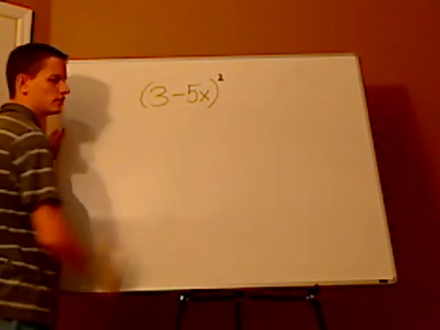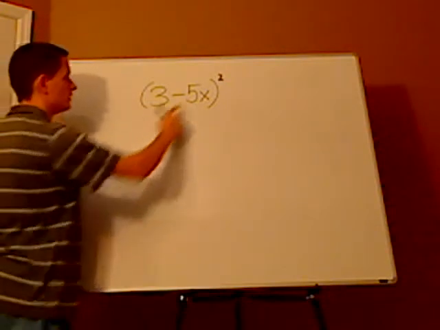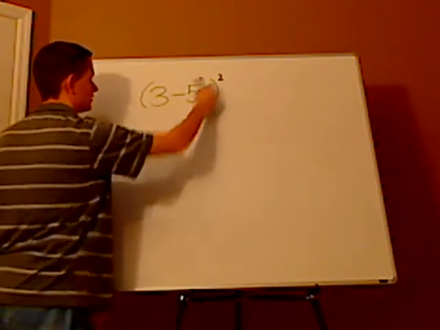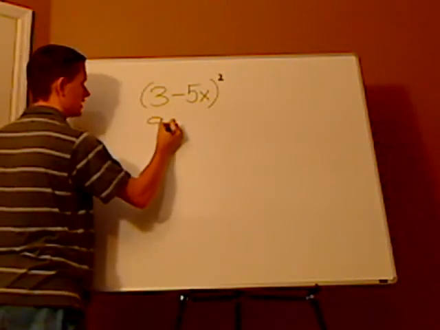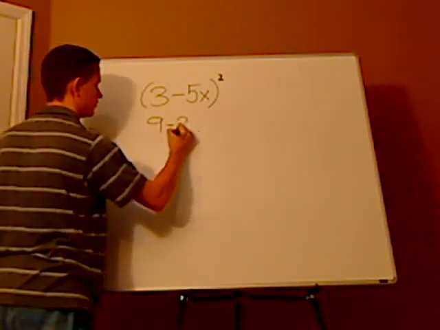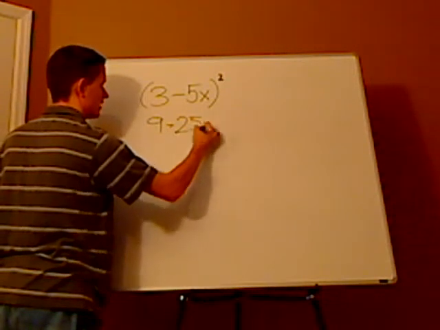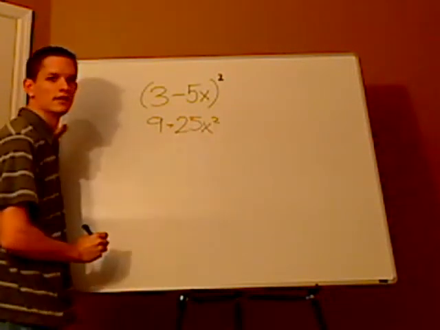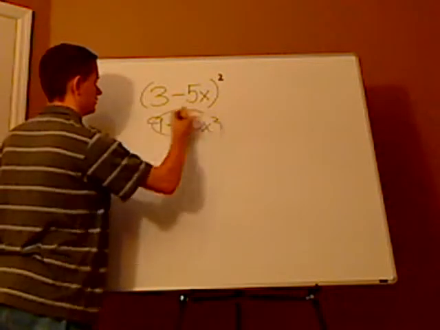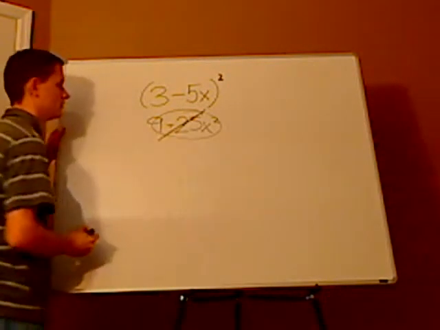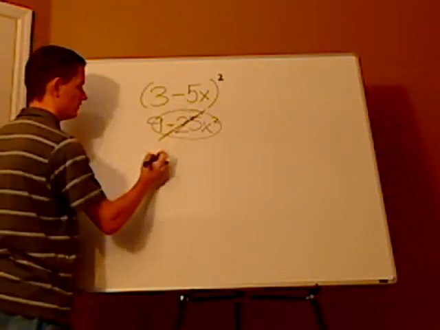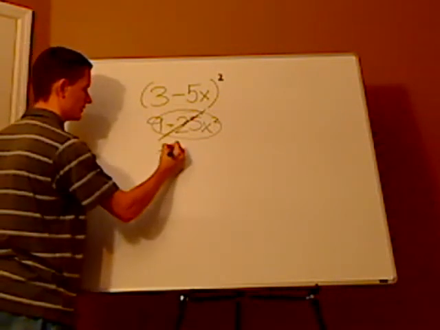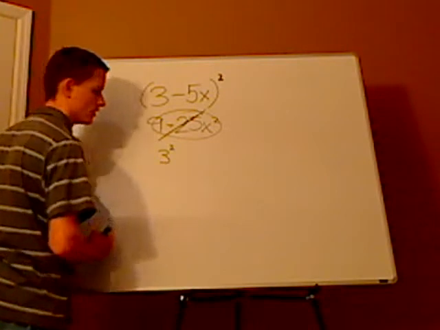Right? Now if you squared this and squared this, and if you put 9 plus 25x squared, that's incorrect. That's incorrect. What you have is something like 3 squared.